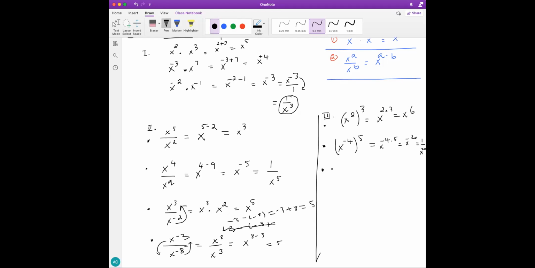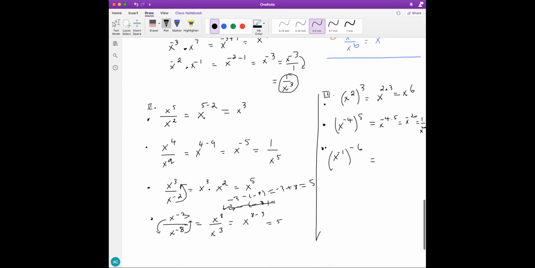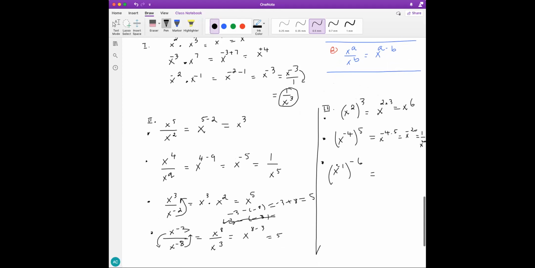What if both powers are negative? Let's say negative 1 and negative 6, for example. I know we mentioned earlier that whenever you see a negative power, make it positive first. But in this case, with a multiplication, it's better to multiply it right away. That way, this could turn into a positive and you don't have to flip anything. So what is x to the power negative 1 all to the power negative 6?